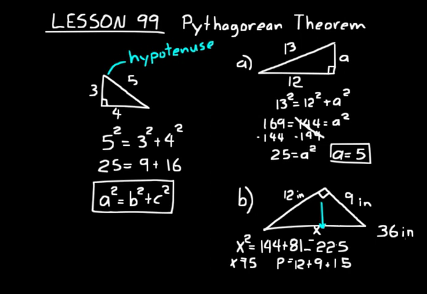And we have to remember our units on that problem. The question was, what is the perimeter around that triangle? So the Pythagorean theorem, that's a formula that you'll want to memorize. The hypotenuse, which is always the side opposite the right angle, that side squared is equal to the sum of the squares of the other two sides. Okay, well that's all for lesson 99.